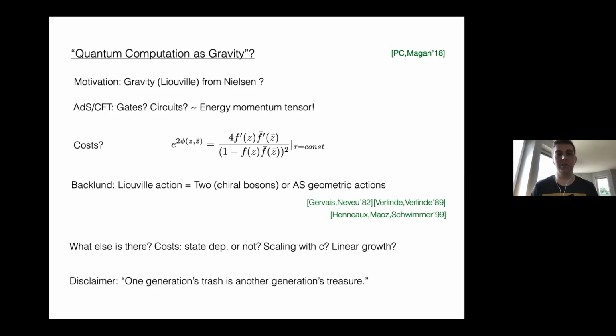If something has anything to do with gravity, it has to be the energy momentum tensor, also by the duality with the graviton. But then this is of course very heuristic and intuitive. But then how do you think about costs? What are the transformations? What are the symmetries? And how to find any overlap between these two approaches.